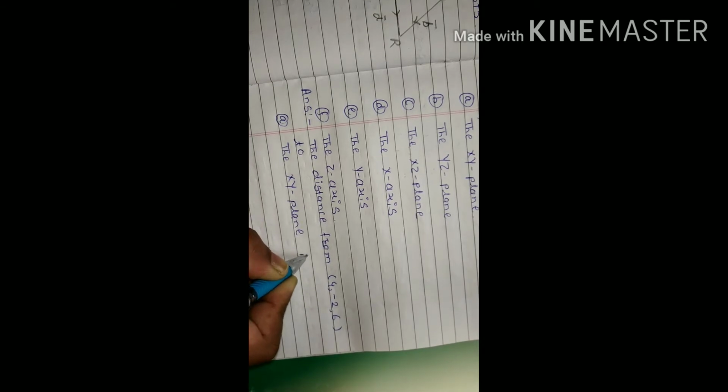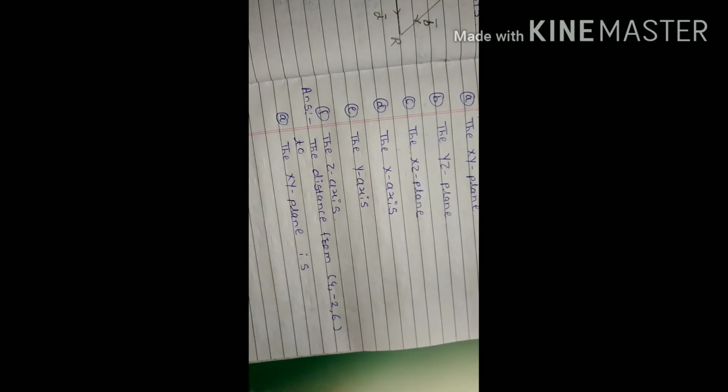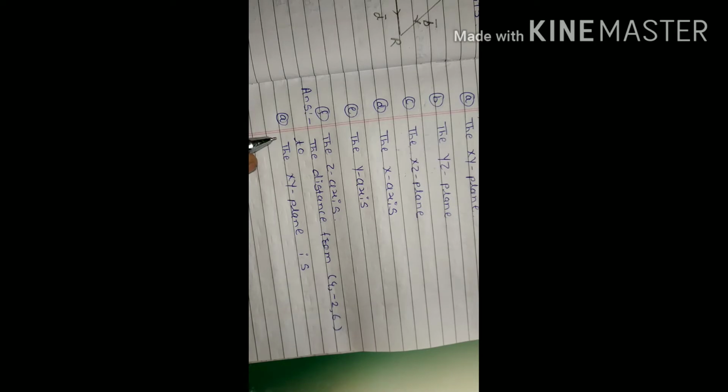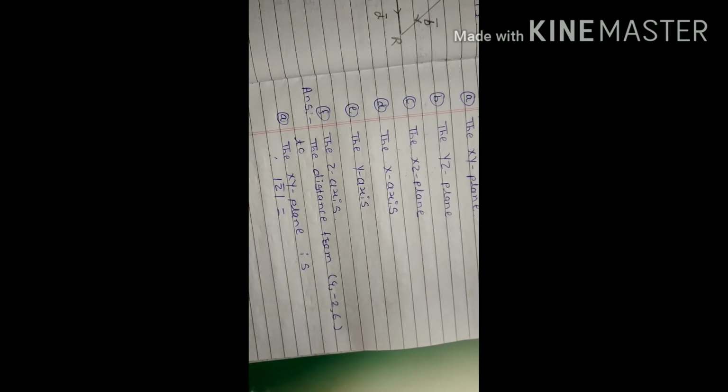The xy plane: we consider x, y and z. For the xy plane, the remaining coordinate is z. Therefore, the distance is the modulus of z, and z is 6.